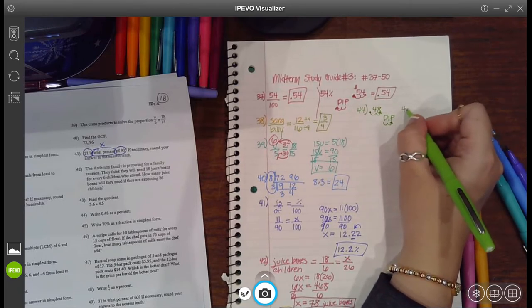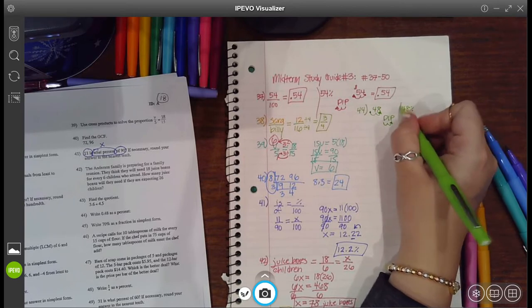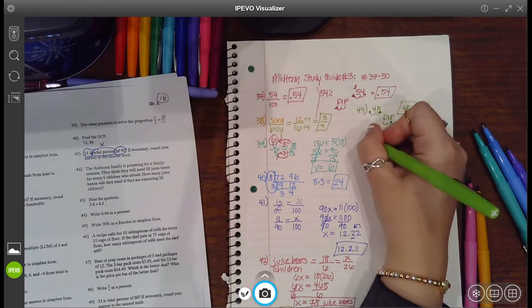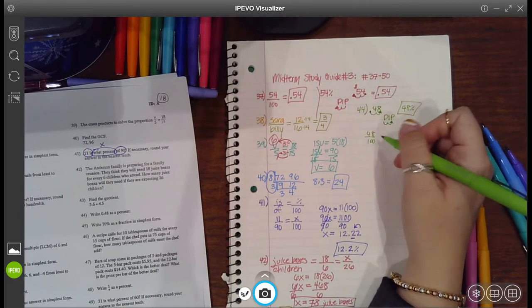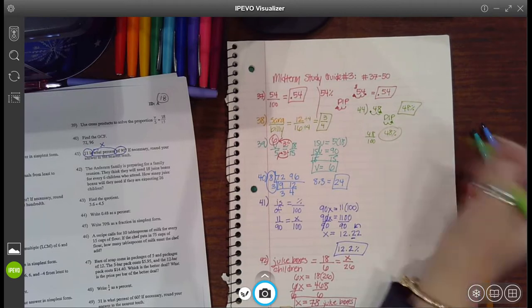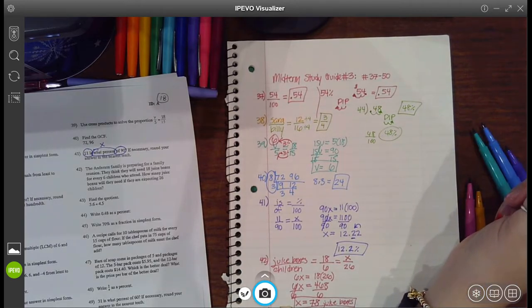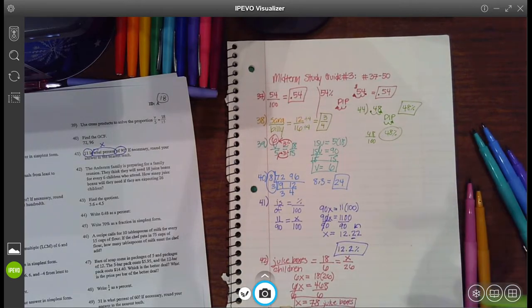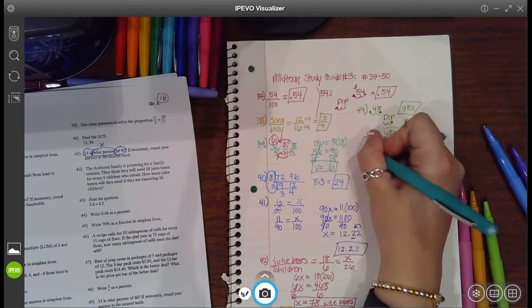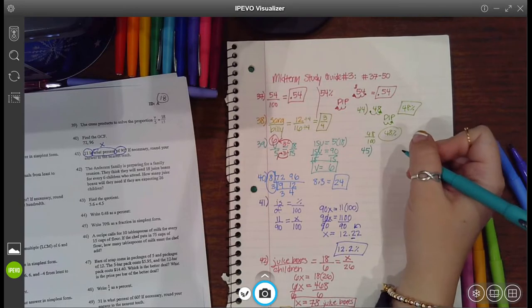You have 48%. Easy peasy. Okay, or 0.48 is 48 hundredths, and any number over 100 is a percent. All right, so either way, as long as you got 48%, we're good. Okay, next one. 45.